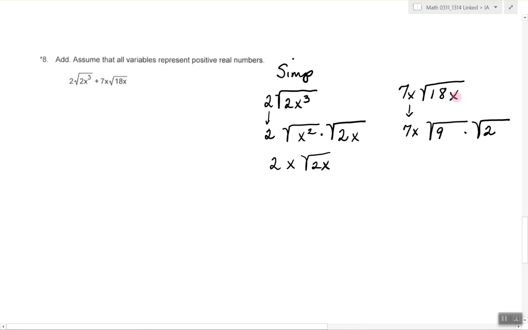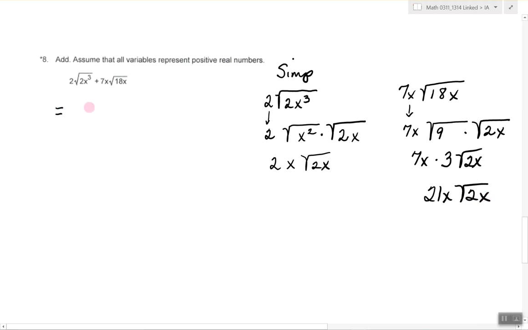There's a single x, which cannot be simplified, so I'll just put it back here. It was not even, and it wasn't something I could break down. So that gives me 7x times, the square root of 9 is rational 3, times the square root of 2x, or 21x square root of 2x.